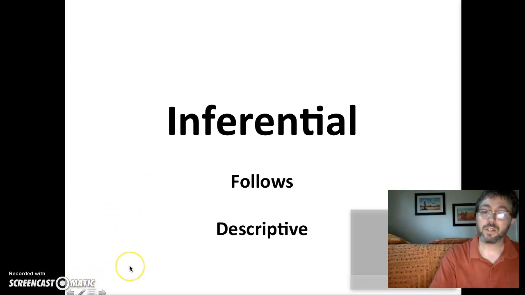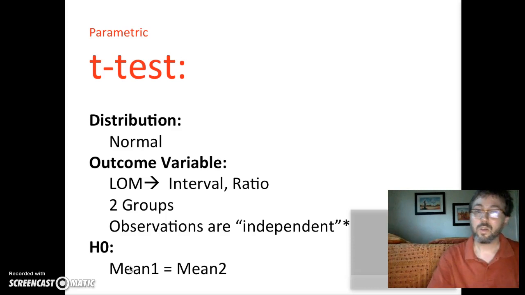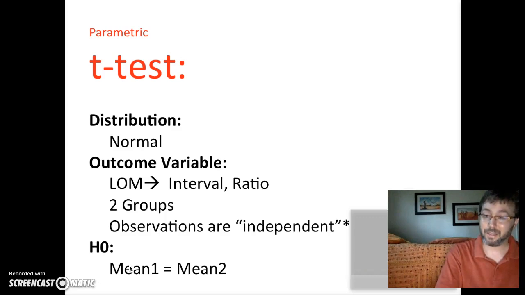So now let's go from that general concept, seeing it in action, and talk a little bit about assumptions. So every statistical test has assumptions, and here are the key assumptions for a t-test. So a t-test is for normally distributed data. That's a key feature of this test. It tests the null hypothesis that the mean of group 1 is the same as the mean of group 2.